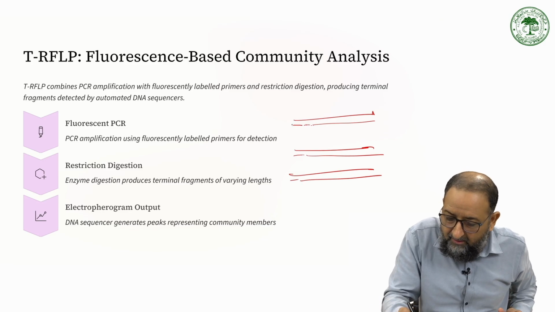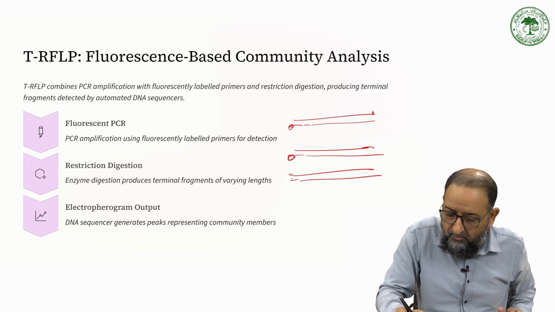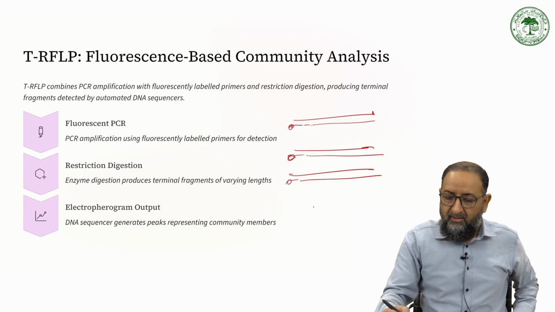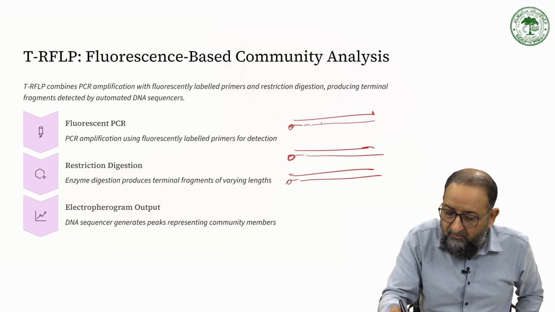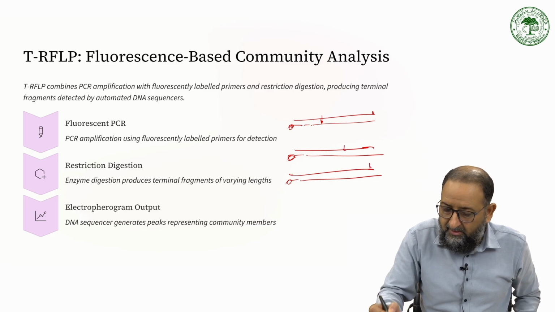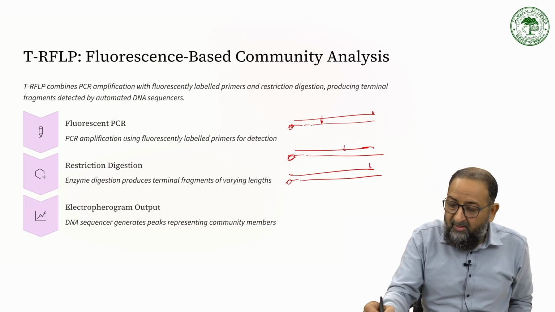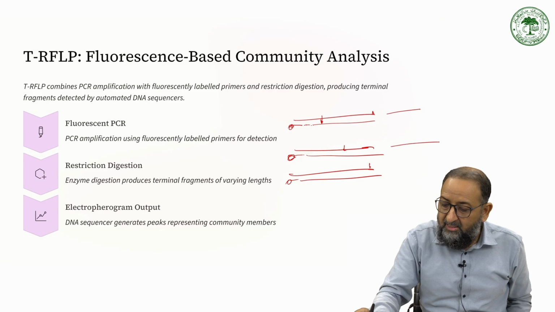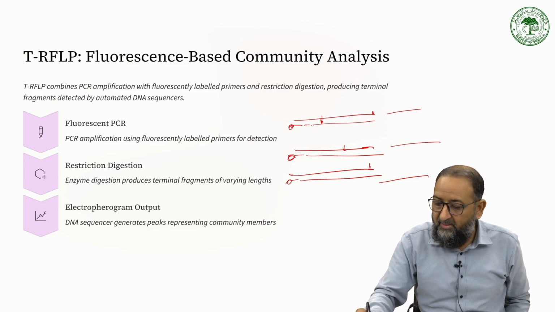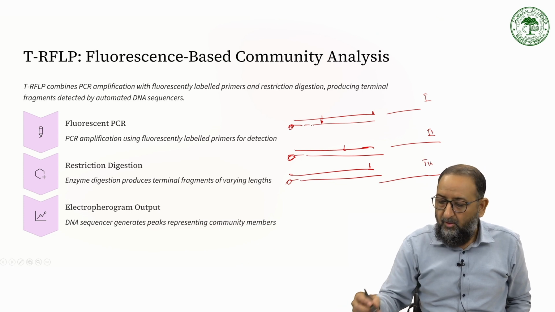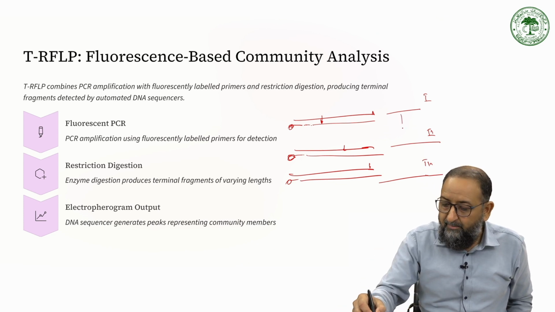Here is the tag. Now when you cut with the restriction digestion, one fragment is of this size, one is this size, one is this size. So now you have 3 fragments. When you run these 3 fragments on the gel, you find variation in the banding patterns.